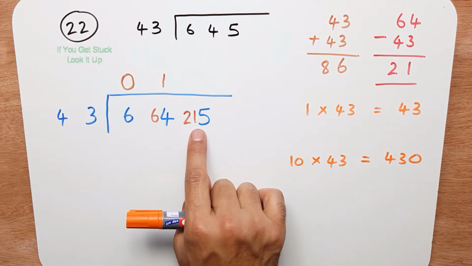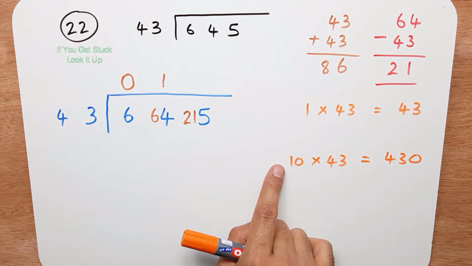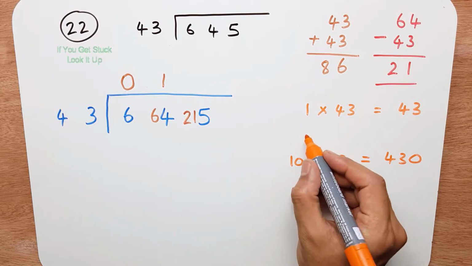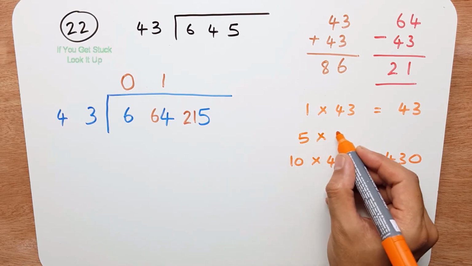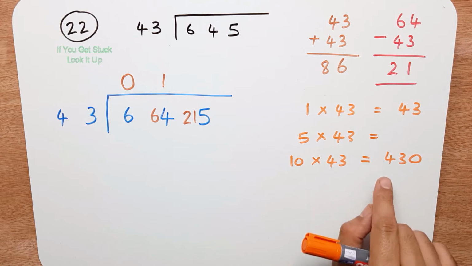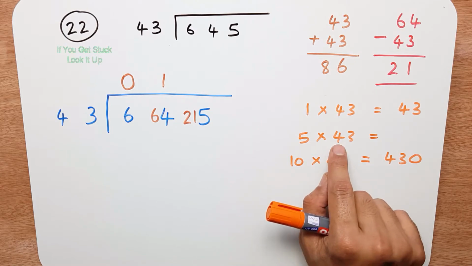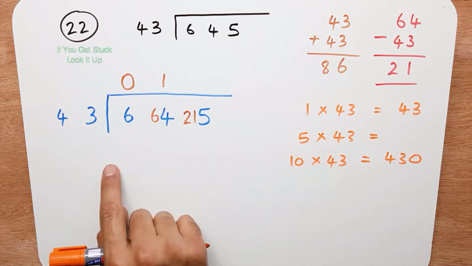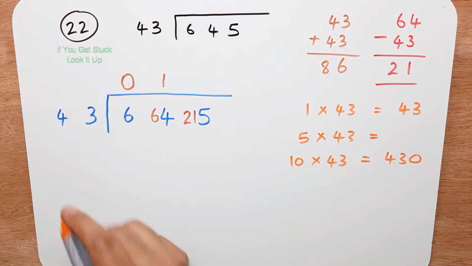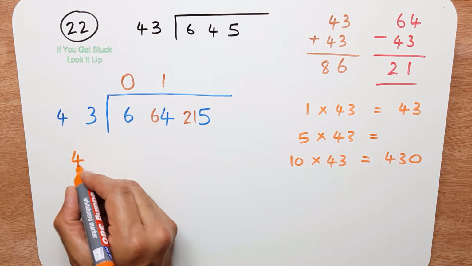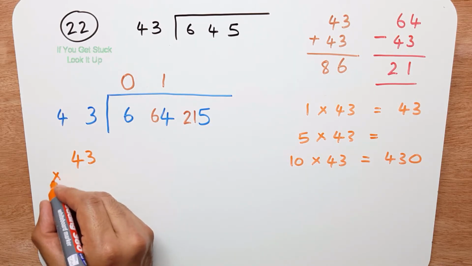I've only got 215. So let me do a sensible thing and let me try to work out 5 times 43. I can do it two ways. I can either halve this or divide it by 2, or I can do 43 times 5 as a column multiplication. And what I'll do this time, I'll do 43 times 5.